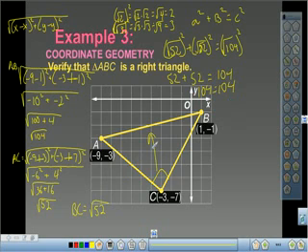What do you got? What is it before you reduce it? Square root of 52? You don't want to reduce it.